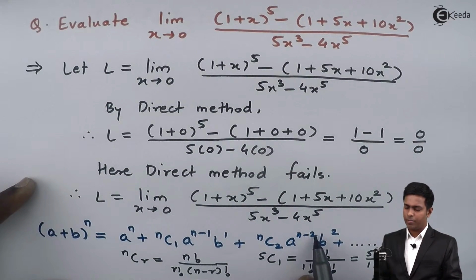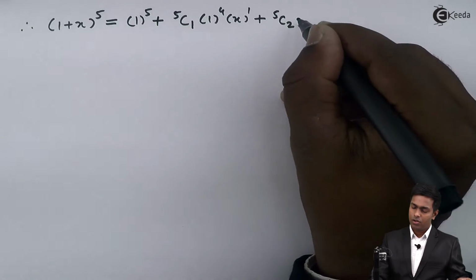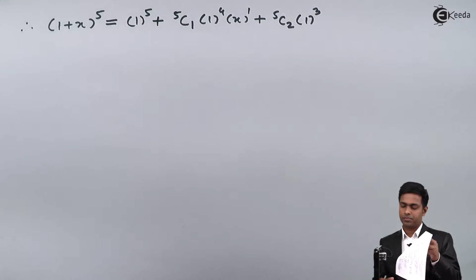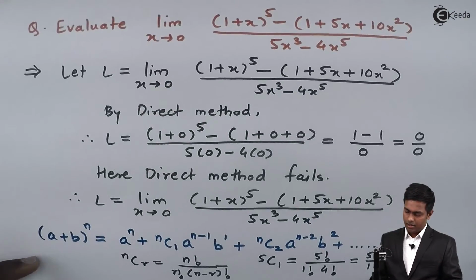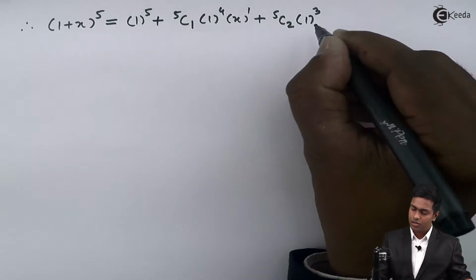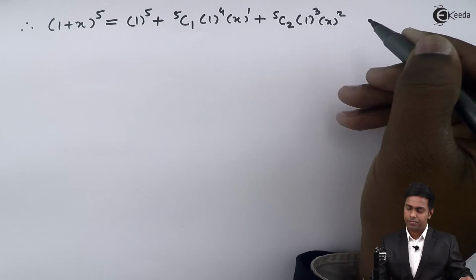Next a raised to n minus 2, n is 5, so 5 minus 2 is 3, a is 1, so 1 raised to 3. Then b square, b is x, so x square.